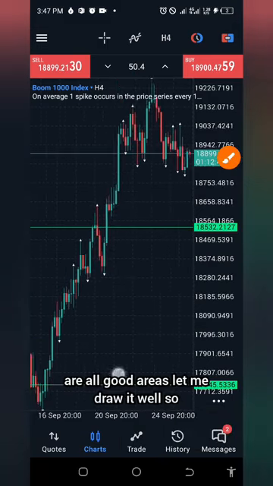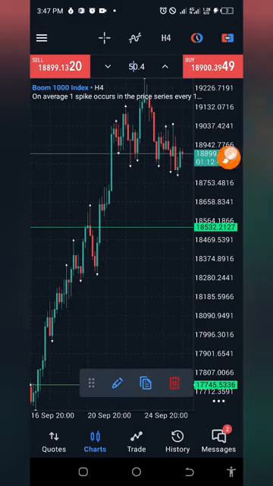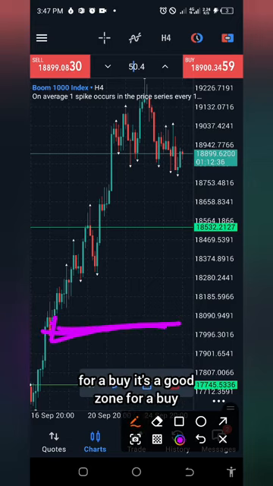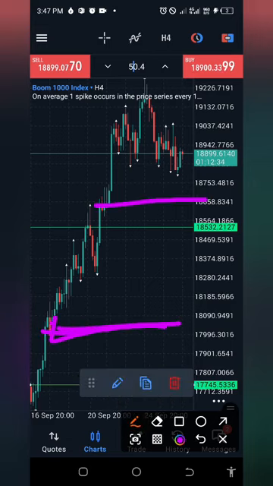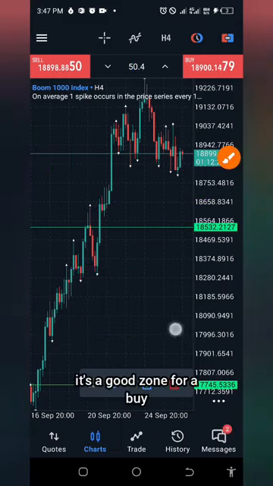Let me draw it well so that it becomes easier for you to catch up. Here is another order block, a good zone for a buy. It's a good zone for a buy.